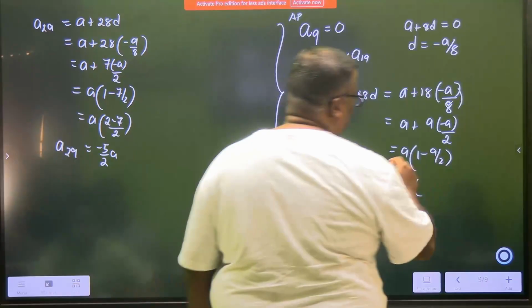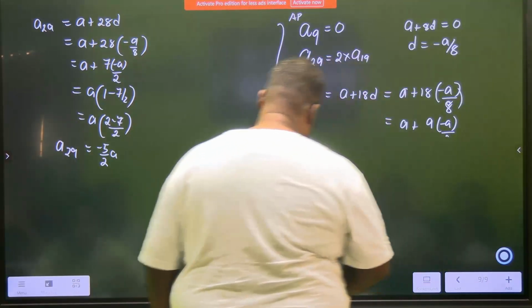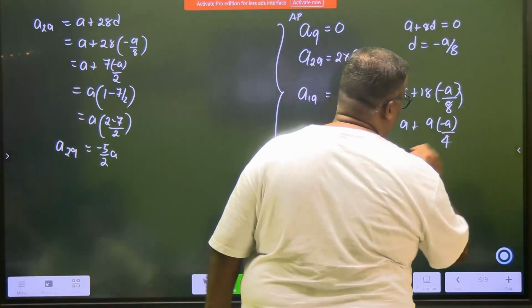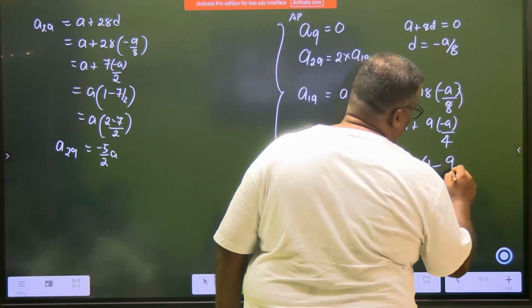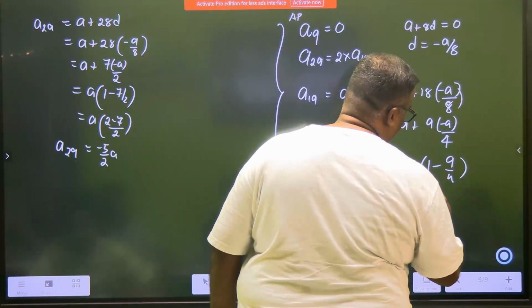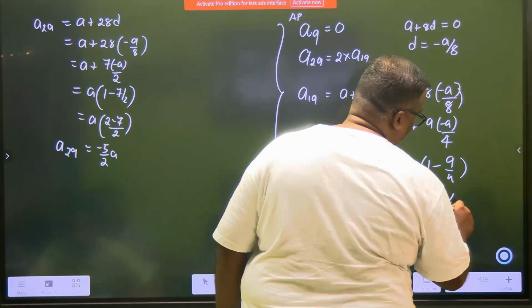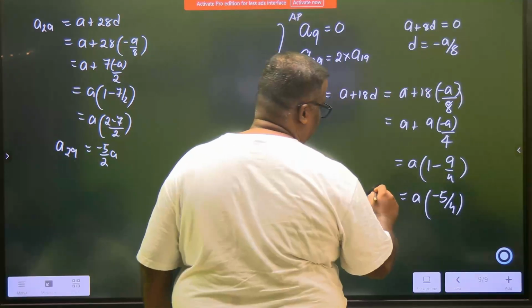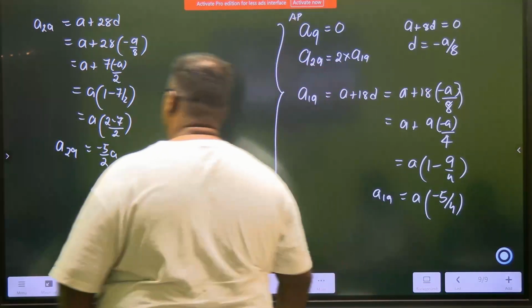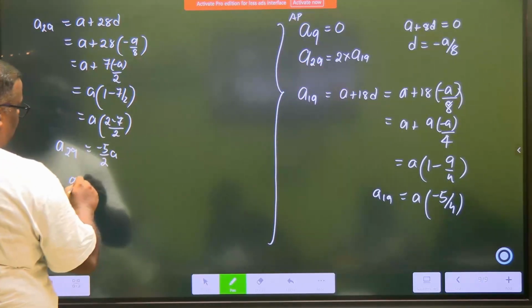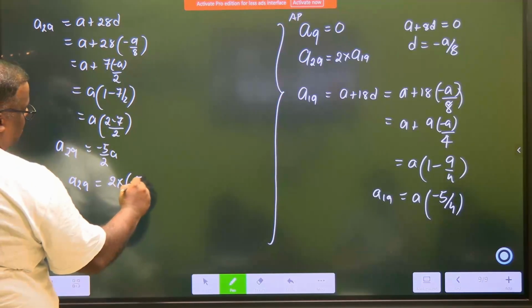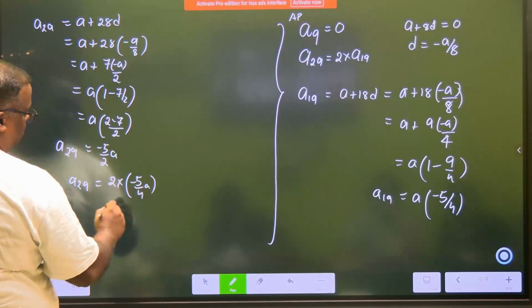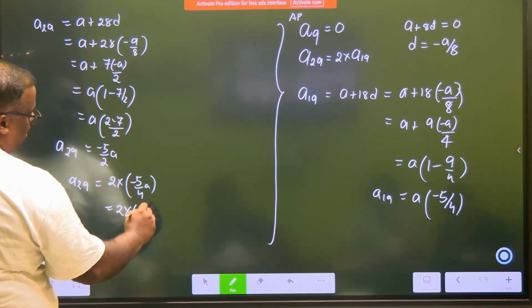How can you write 2? You don't even have this much of mathematical knowledge. A common, 1 minus how much? 9 by 4. Now it is correct. A into minus 5 by 4. This is A19. So this can be written now as A29, which is 2 into minus 5 by 4 A, which is nothing but 2 into A19.